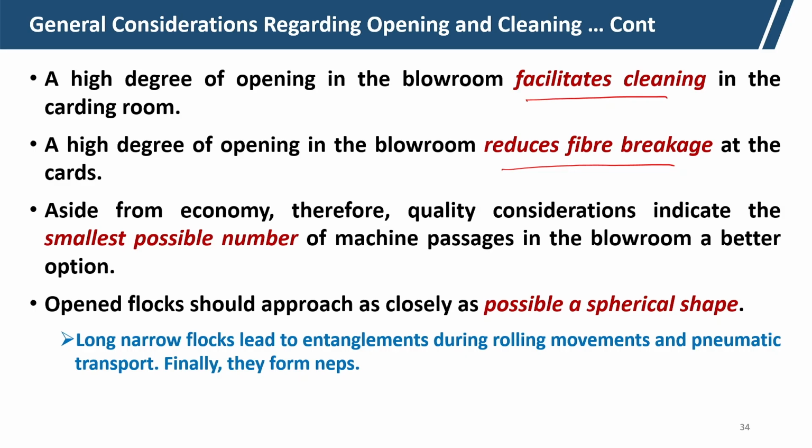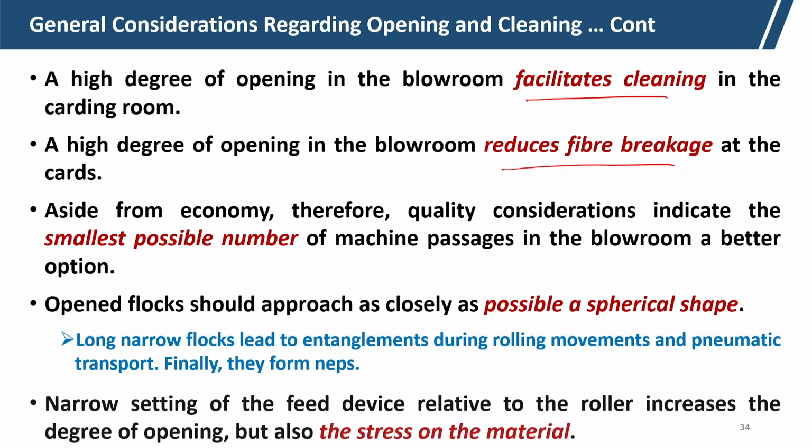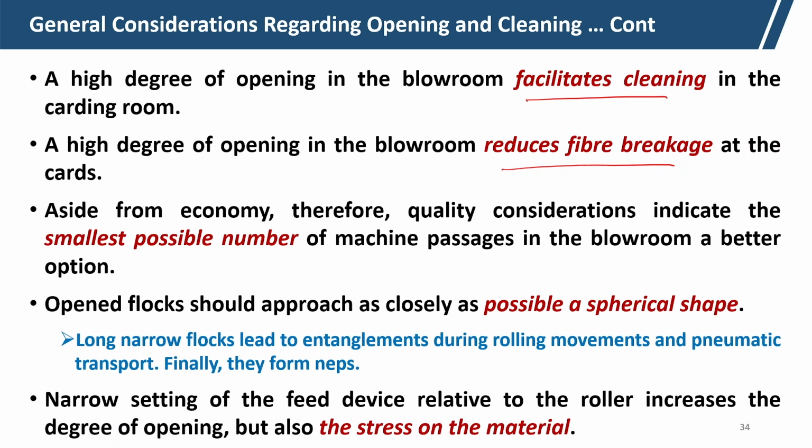So, it should be spherical in shape. A narrow setting of the feed device relative to the roller increases the degree of opening, but it also stresses the fiber. So, a narrow setting is also not preferable, because a very narrow setting will increase the degree of opening, but it may break the fiber. So, we have to optimize that.